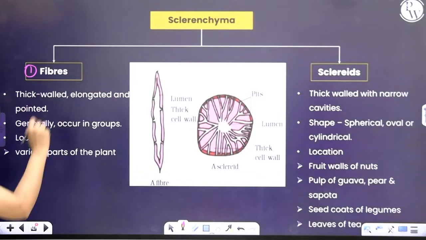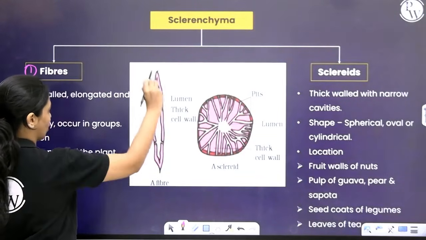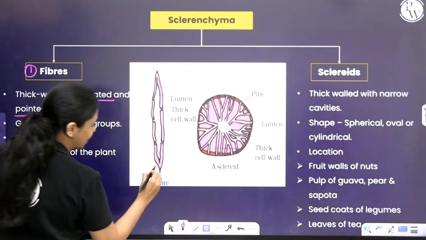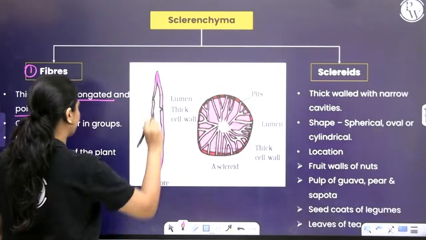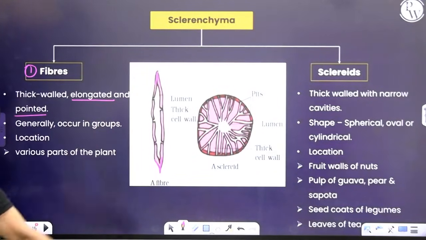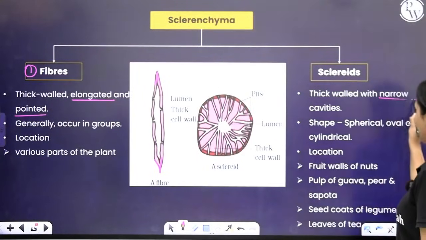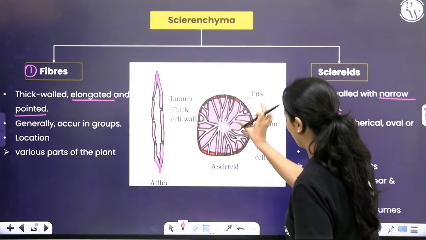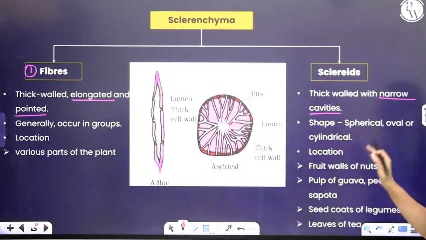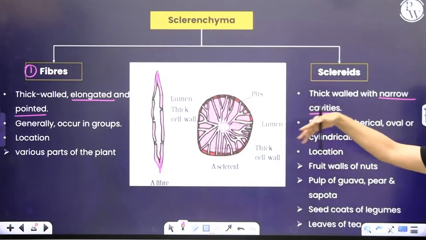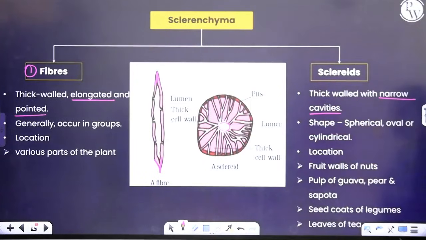Talking about the shape, they are elongated and they have tapering pointed ends. They generally occur in groups. They can be found in various parts of the plant. Sclerites are also thick walled. They have a very narrow lumen because the cell wall obliterates the lumen. Its shape right here is spherical, but in different plants it can exist in different shapes. It could be spherical, oval, cylindrical. Where do you find them?